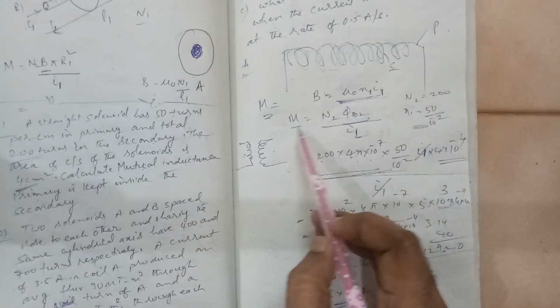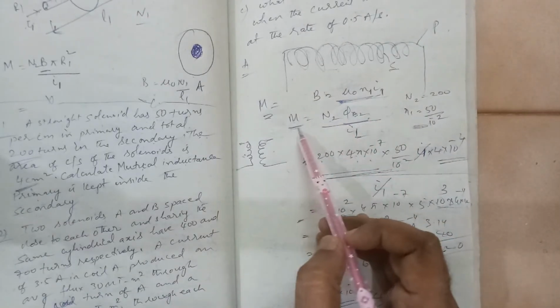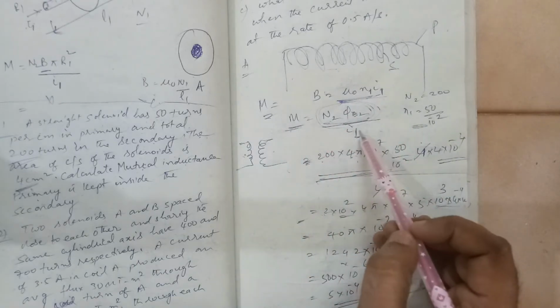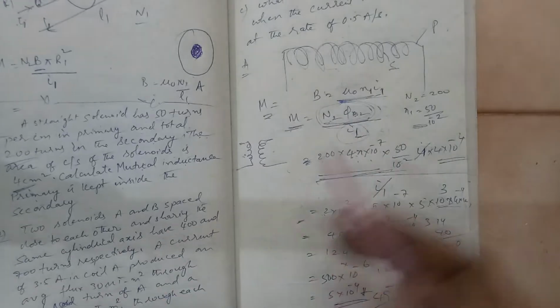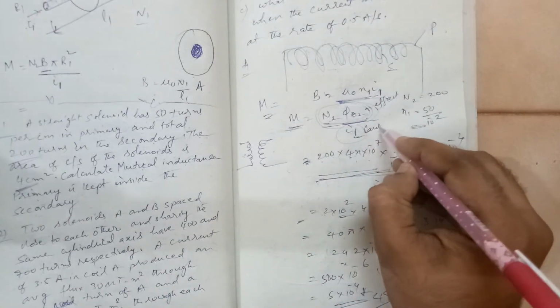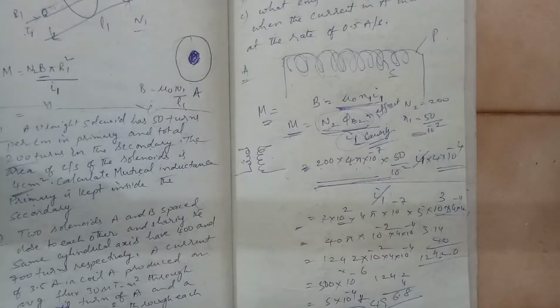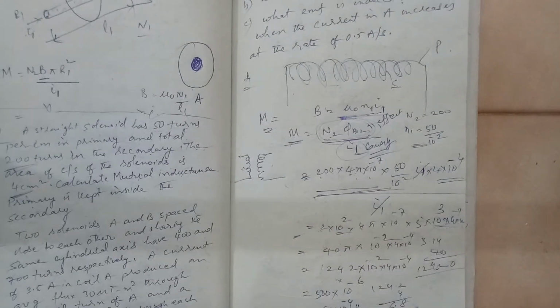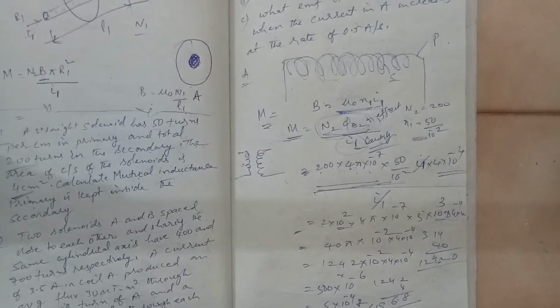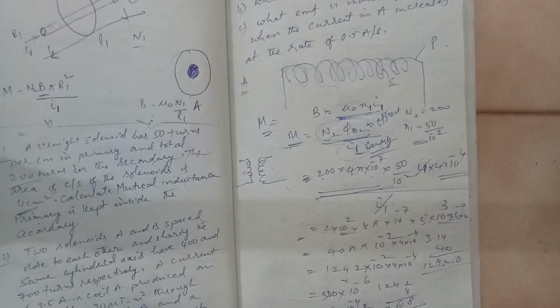You define mutual inductance as the flux which is affected by the current which is causing it. This is affected and this is causing it. So always ask yourself who is getting affected, that should come in the numerator, and who is causing it, that will come in the denominator.